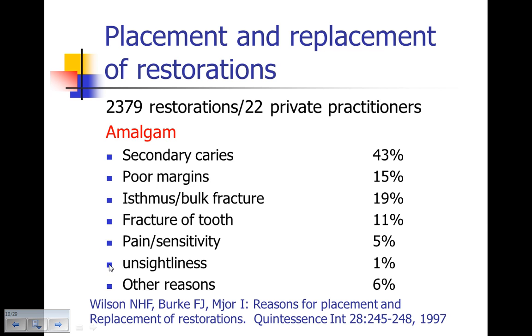The unesthetic gray, dark color of amalgam was a reason for replacement 1% of the time, and the trend toward replacing amalgam with more aesthetic restorations has been constantly on the rise. Other reasons were responsible for 6% of replacements of amalgam restorations.